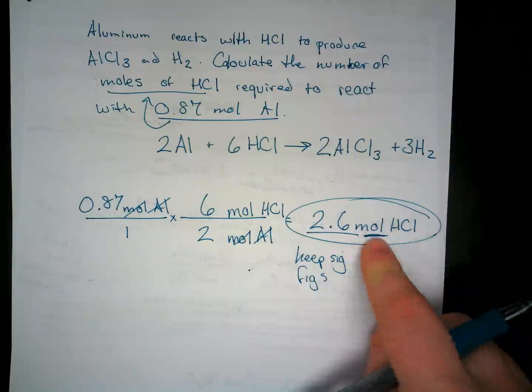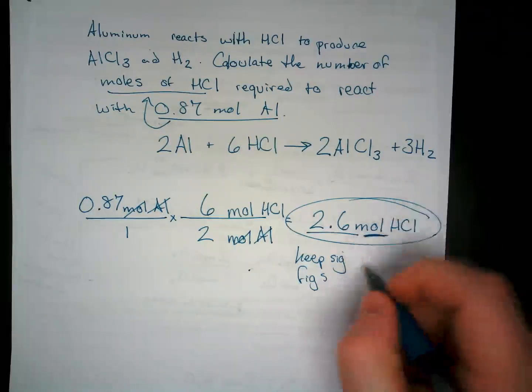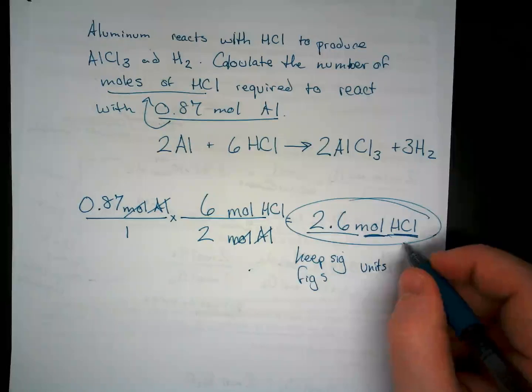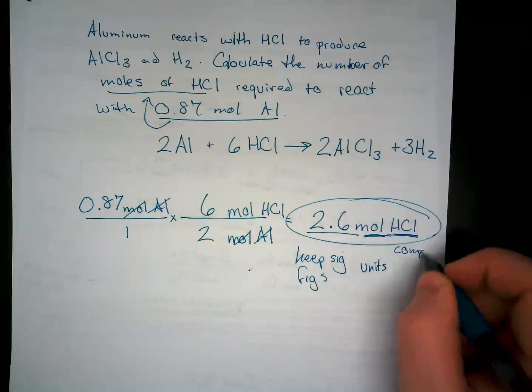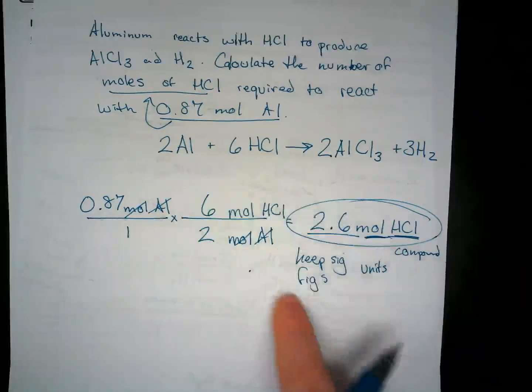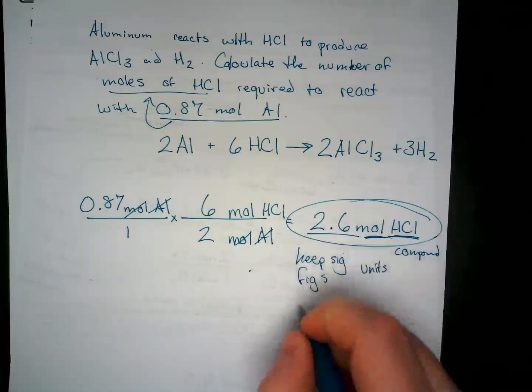Also, need to always include the proper units and the proper compound. So this really hasn't changed at all from Unit 5. Still need to show me all this work, keep sig figs and the correct value.